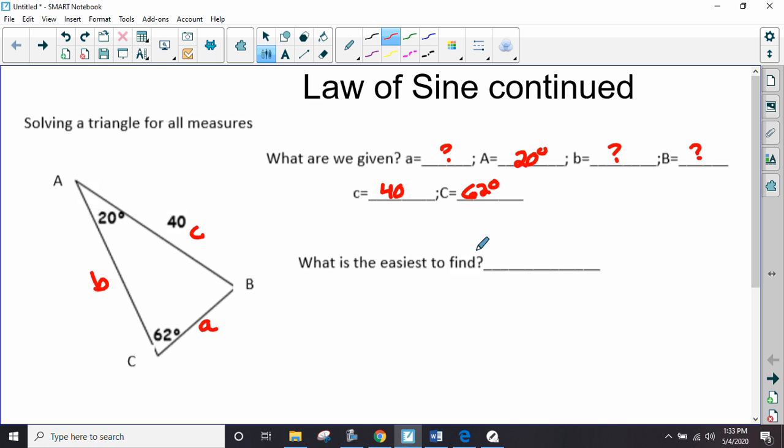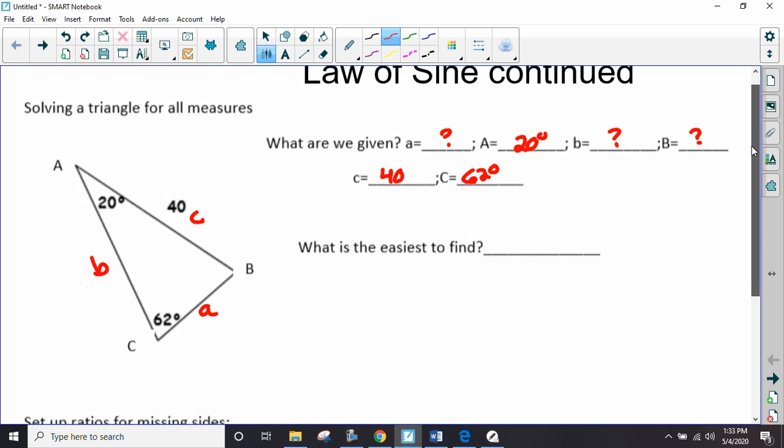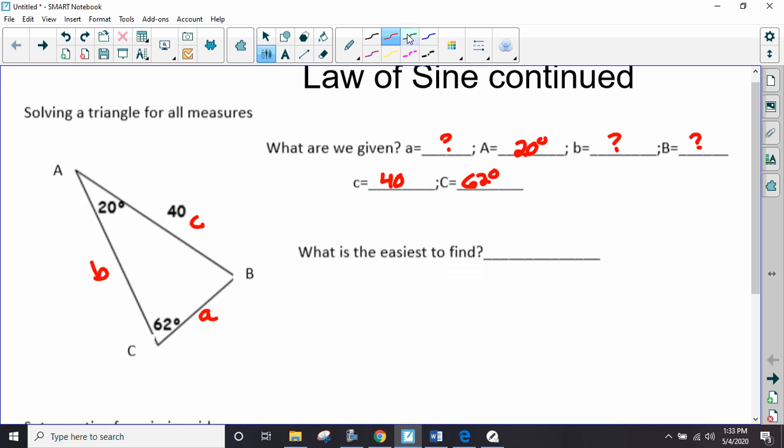Of the things we don't know, what is the easiest to find? Believe it or not, it's going to be big B, this angle right here. This would be 180 minus (20 plus 62).